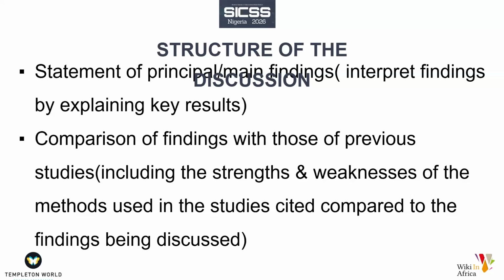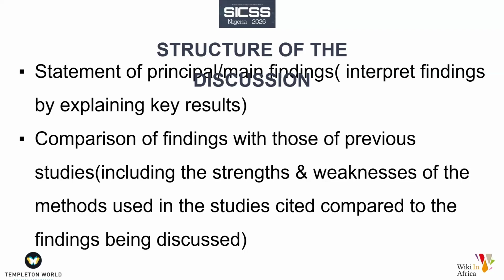The next part should be comparing your findings with those of previous studies. In my study, the majority of patients who were HIV positive were single. This finding is different or contrary to two persons' finding in Kenya, where most of them were married. And this is because of so.